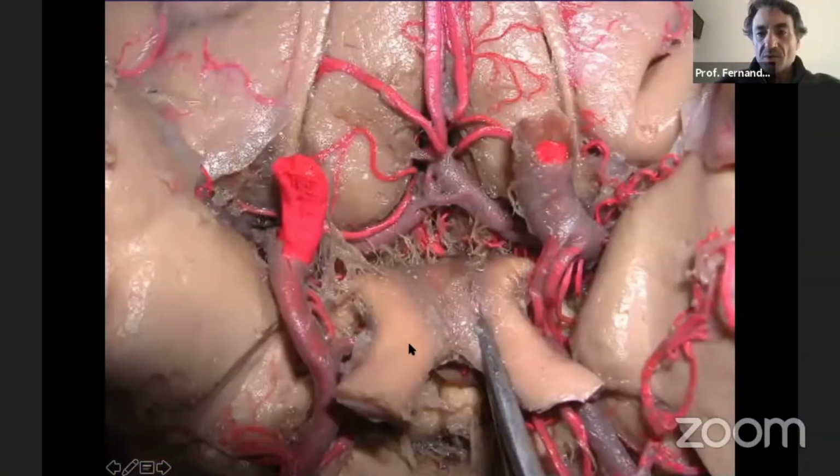In another specimen, we retract the optic chiasm, and we can recognize the lamina terminalis, internal carotid artery, A1 segment, anterior communicating artery, and all of the perforators that go to the anterior perforated substance, the preoptic area, and the lamina terminalis area.